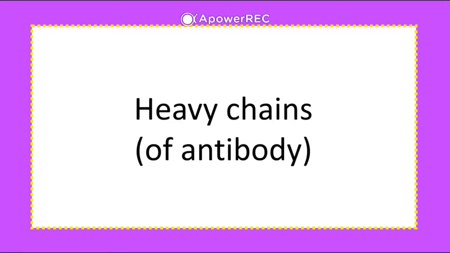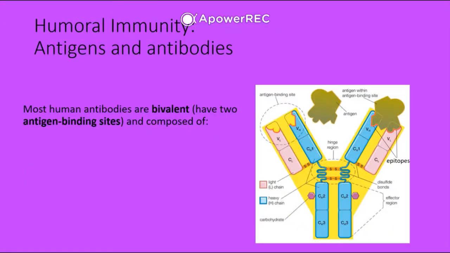Okay, next one is heavy chains. This is of the antibody, if you'll remember. Okay, so here we have an image of an antibody, and the heavy chains are colored here with blue and an H, so we can see there's a heavy chain on each branch of the antibody.